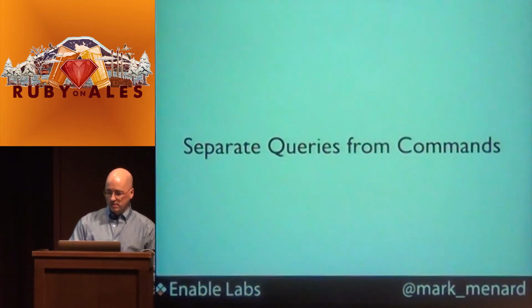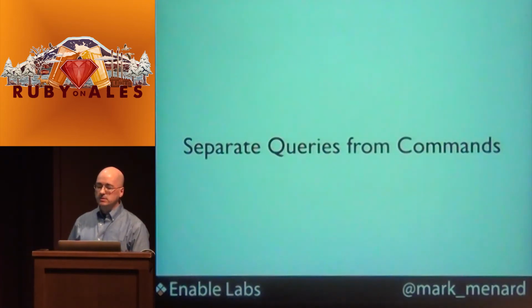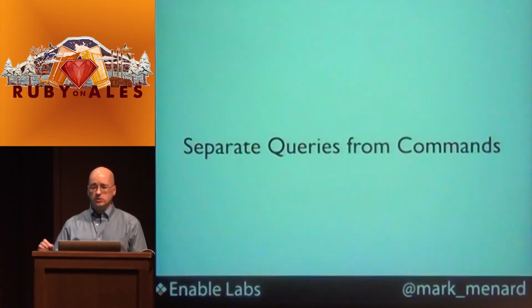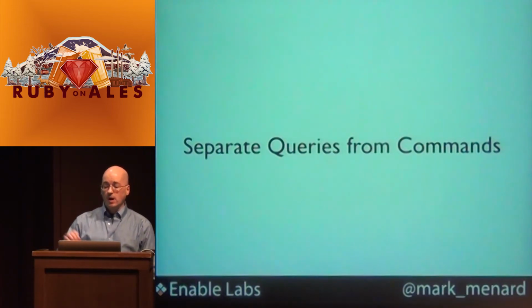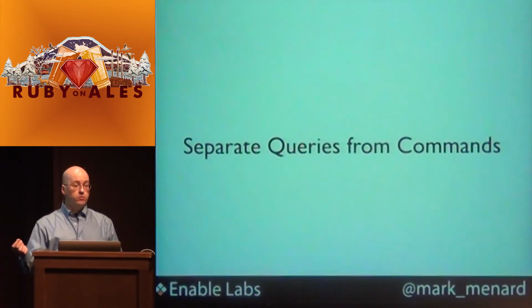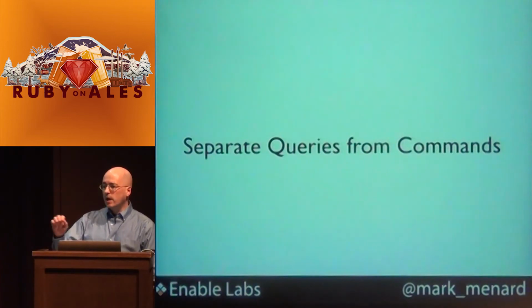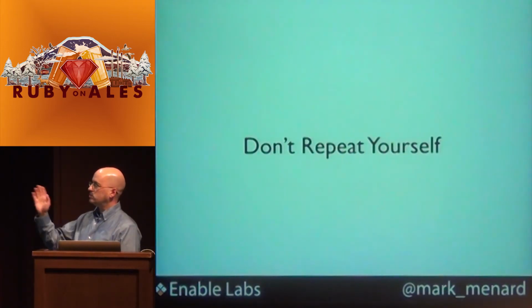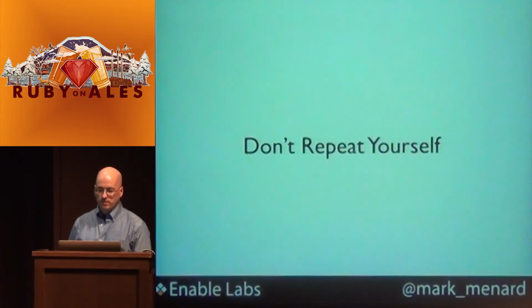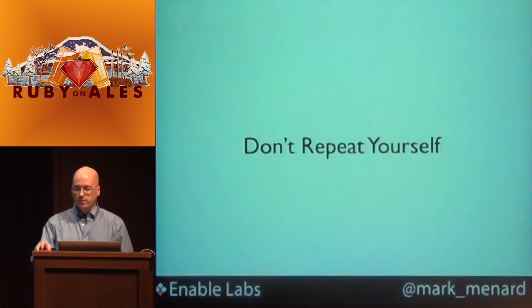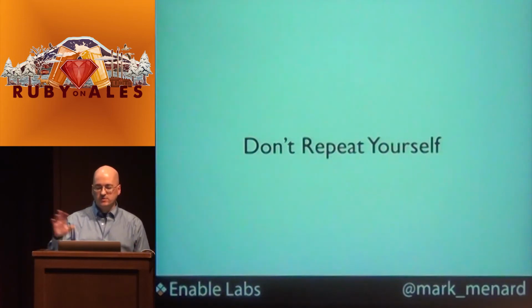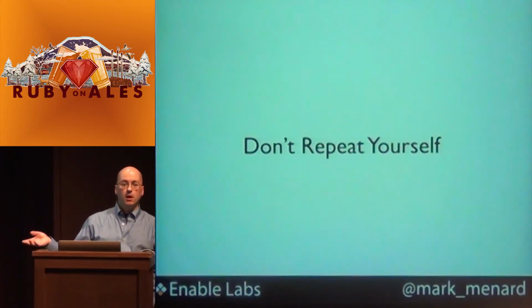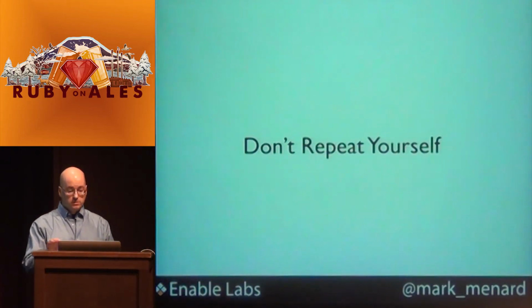Separate queries from commands. Your method should do something to an object or should return something about that object, not both. When you do both, it's just too confusing and hard to reason about. And most importantly, don't repeat yourself. Once you start repeating code, you will have multiple different versions of business logic scattered around the application, and over time, they're going to diverge.